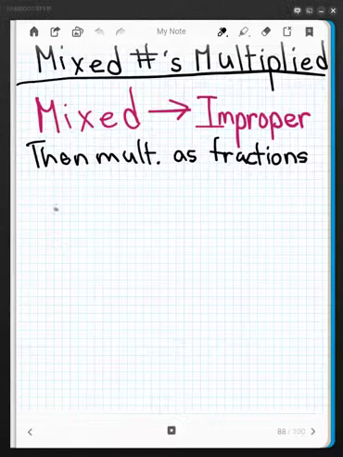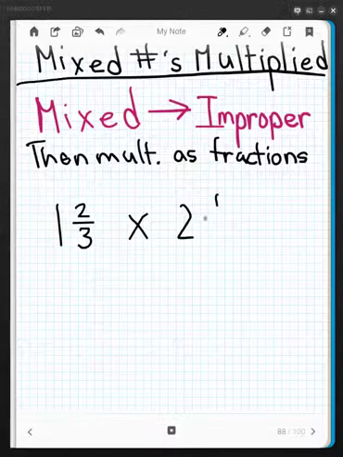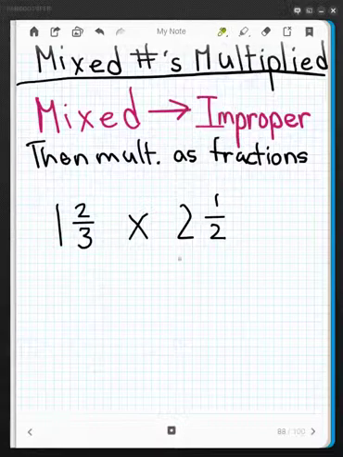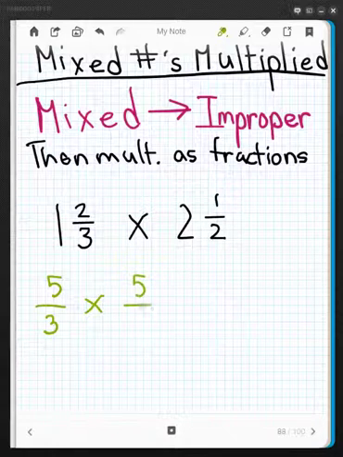So let's do 1 2/3 multiplied by 2½. So the first step is to change them to improper fractions. 3 times 1 plus 2, 5/3, times 2 times 2 plus 1, 5/2.